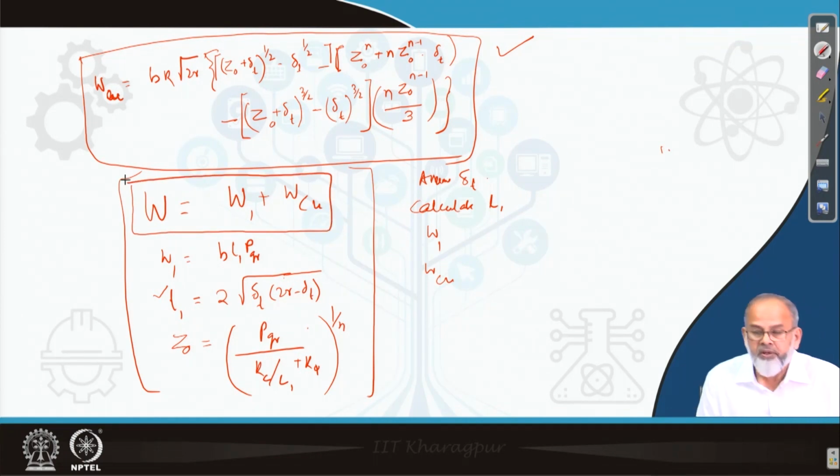If this condition is not satisfied, then you have to change the value of delta t till we get convergence. So this is an iterative procedure by which we can find out what W is. Once you know W, then knowing the rolling resistance divided by W will give you the coefficient of rolling resistance.